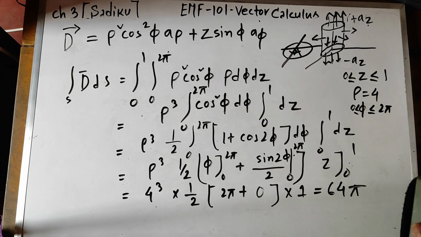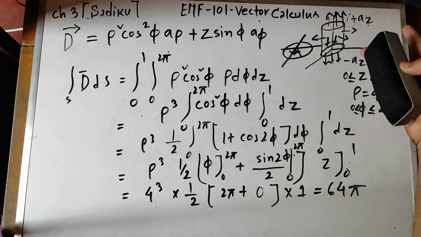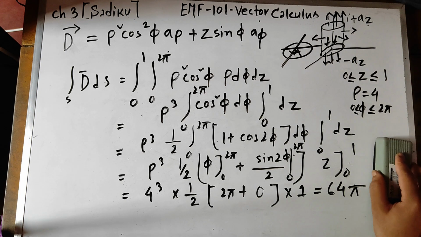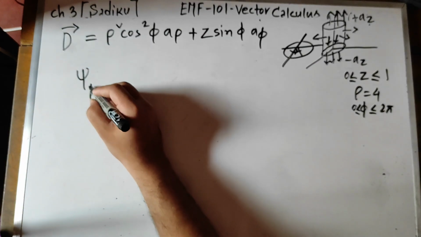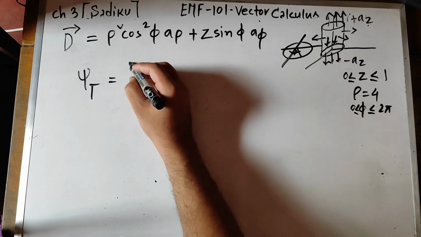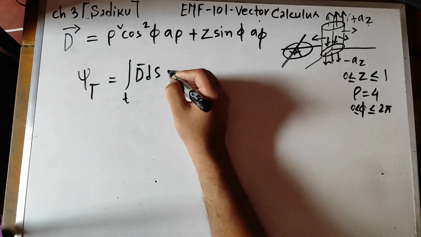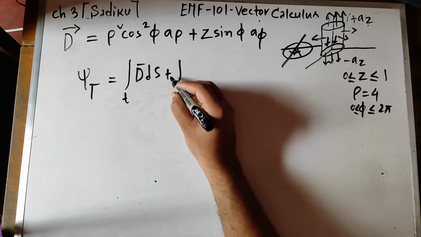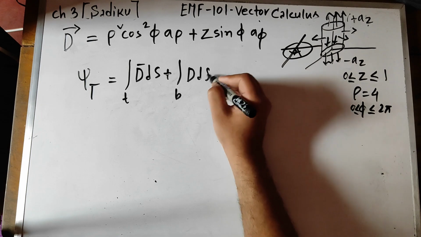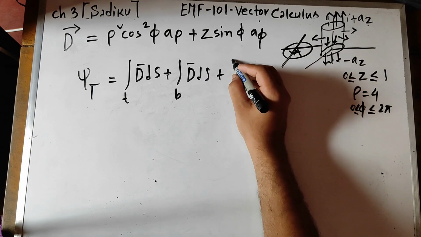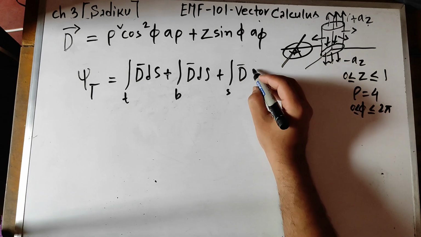Now we're going to calculate the total flux from the closed cylindrical surface. The total flux is the flux from the top plus the flux from the bottom plus the sides of this closed cylinder.